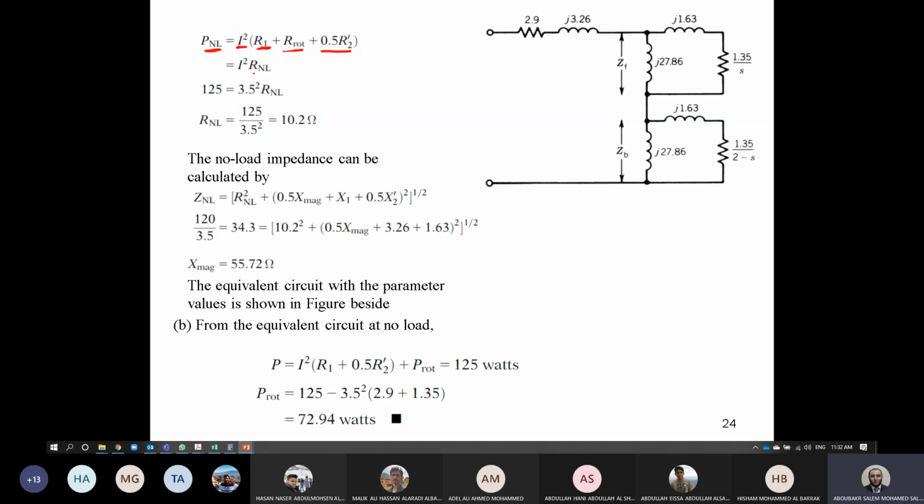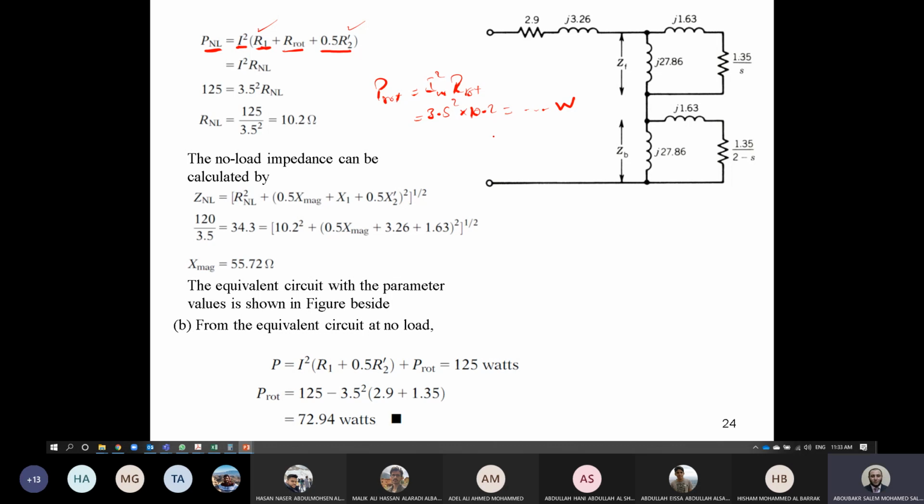So we can obtain the value of R no load, and we had R1 and R2 prime before, so we can get the rotational resistance, and from the rotational resistance we can get the value of rotational loss, which is I squared multiplied by R rotational. So finally, power rotational equals I no load squared multiplied by R rotational, which is 3.5 squared multiplied by 10.2 ohms. So this will be the value of the rotational loss of this motor.